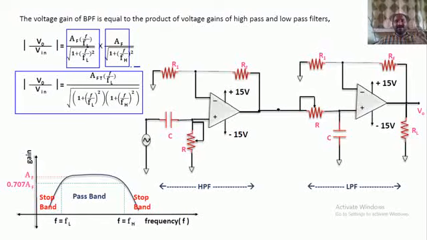The gain of a circuit constructed using the cascaded connection is nothing but the product of the individual gains. That's it. So now this is the final gain of your wide band pass filter.